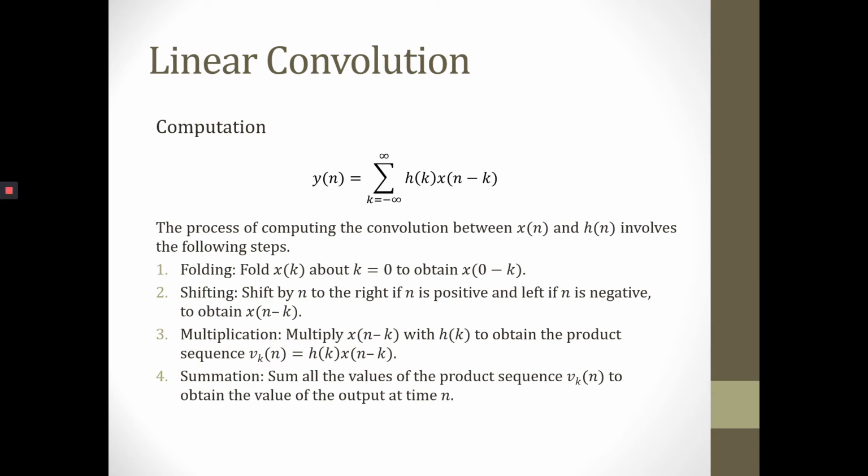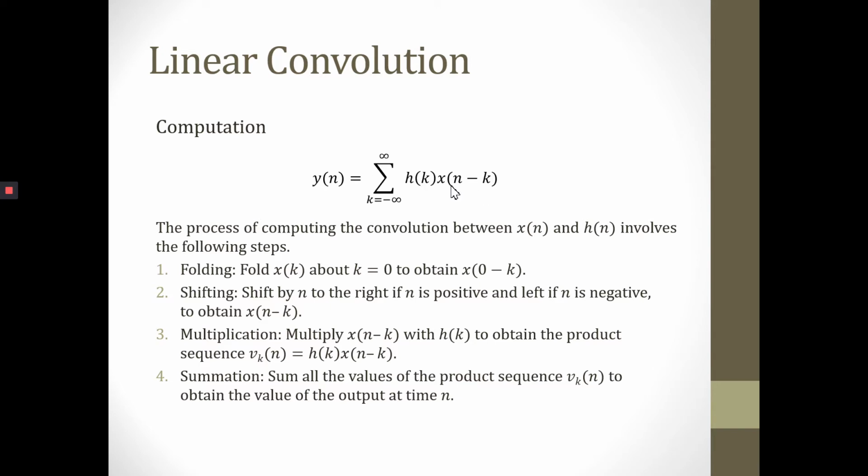This is the property of convolution computation. For this one, this is also based on the previous linear convolution equation. So if we use this equation where y[n] is equal to the summation of h[k] x[n minus k], meaning that in this equation we shift the signal of x.